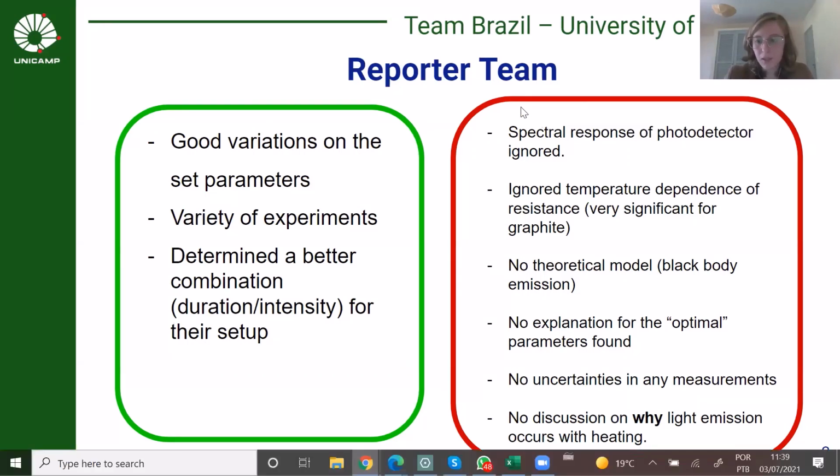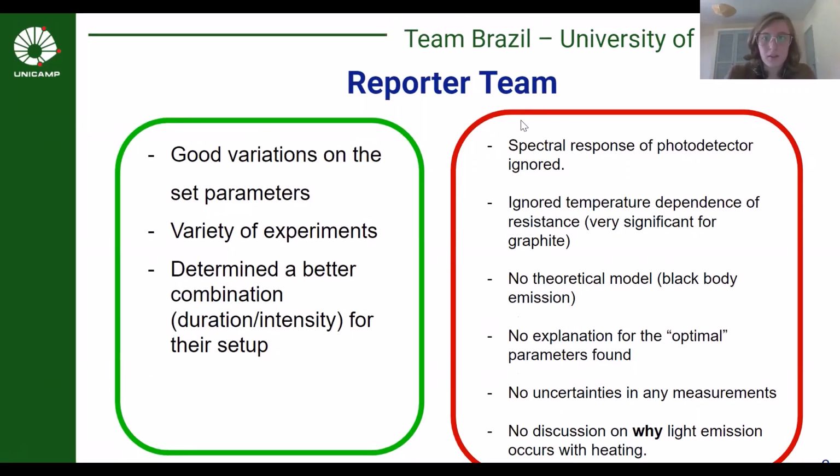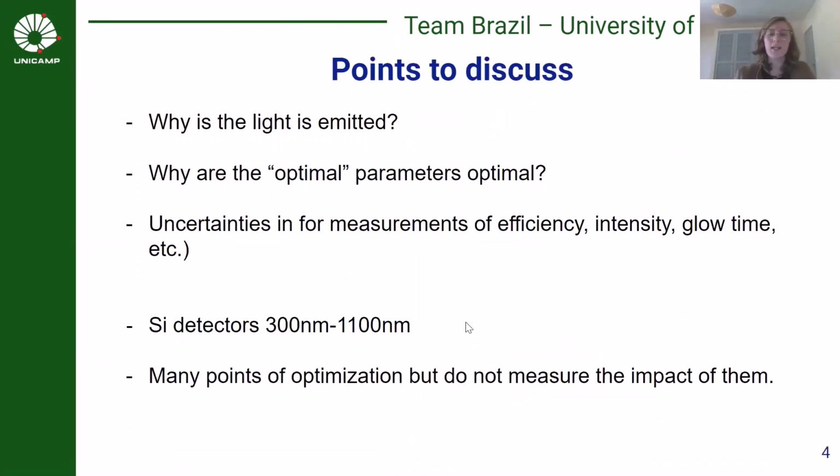Okay, so the points to discuss. Oh my God, my slides are not going forward, but I will say two. The points to discuss: I think we need a theoretical model to explain how the light is emitted, and why the optimal parameters are optimal, like I said before.